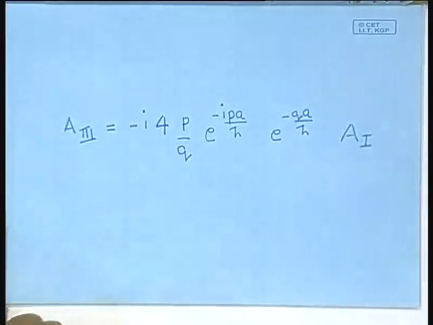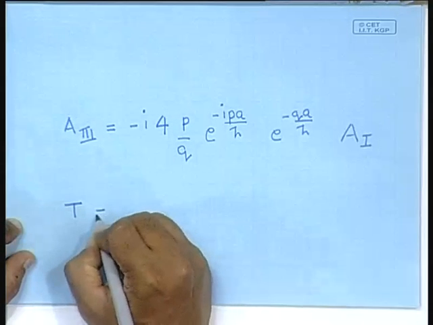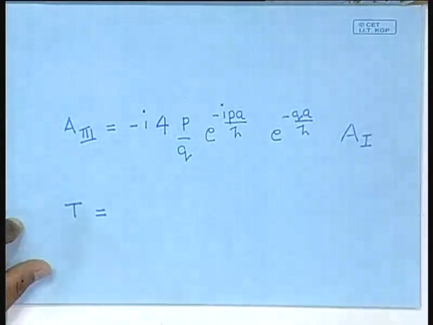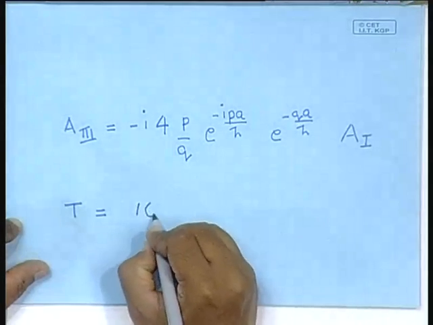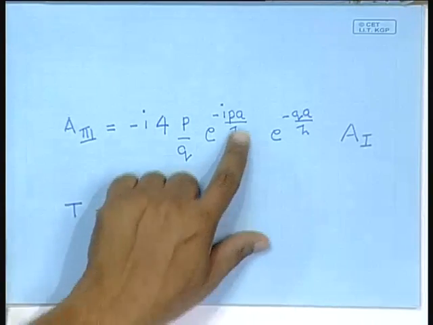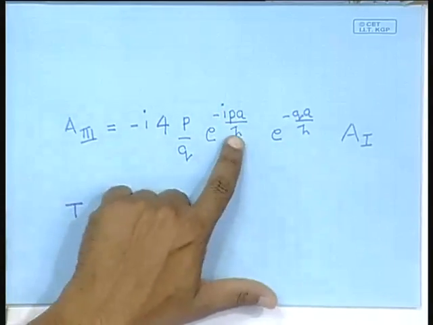So, we see that the tunneling probability T is the modulus square of this. We have 16, the modulus of i minus i is 1, and the modulus of this factor, a phase factor e to the power i phi, is also 1.